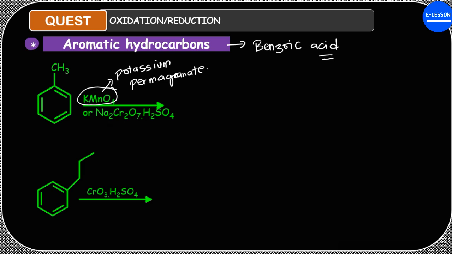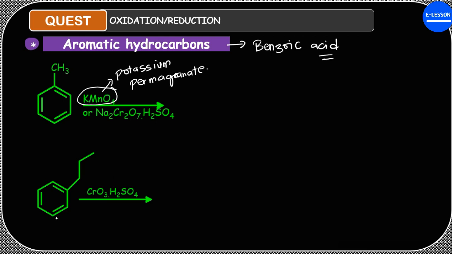Something very hot temperature, like let's say 50 degrees Celsius. It will give benzoic acid. Now the mechanism of this reaction is not very easy for us to understand at our level, because it's a free radical reaction. We are not going into the mechanism, but just know that whenever substituted aromatic hydrocarbons react, the product is usually benzoic acid.